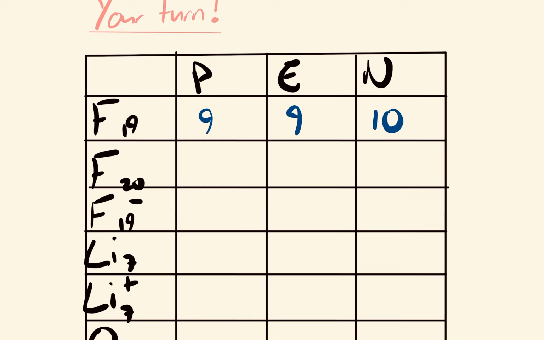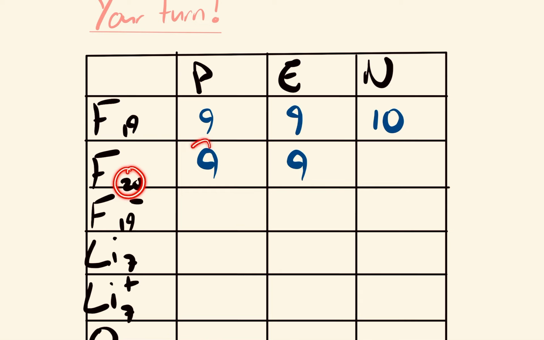So if we've got a fluorine atom, it's going to have 9 protons. Electrons, again, there's no charge, so it's got to have the same amount. And for neutrons, I'm going to do my 20 minus 9, and I get to 11.